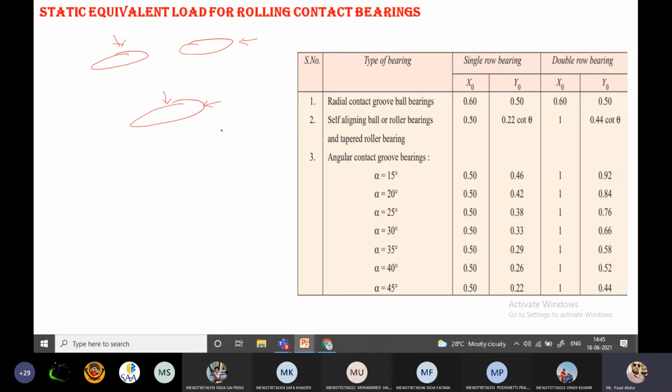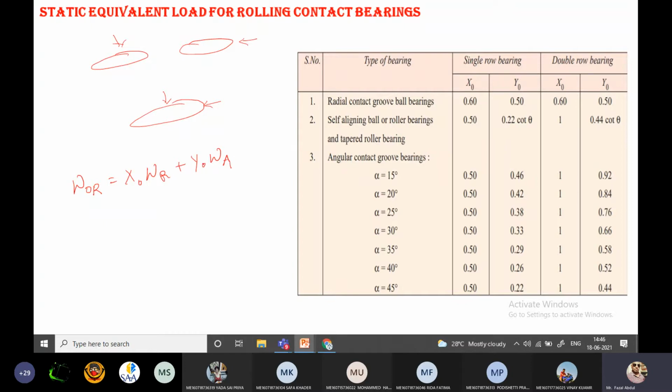Okay, to calculate this static equivalent load, denoted by WOR, the equation is WOR equals X naught into WR plus Y naught into WA.